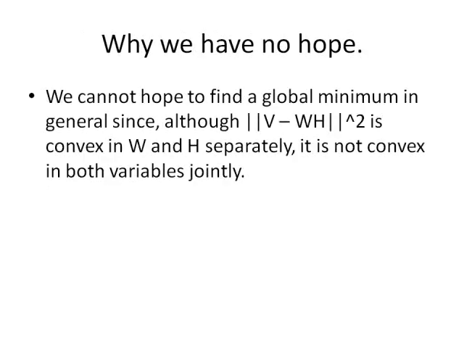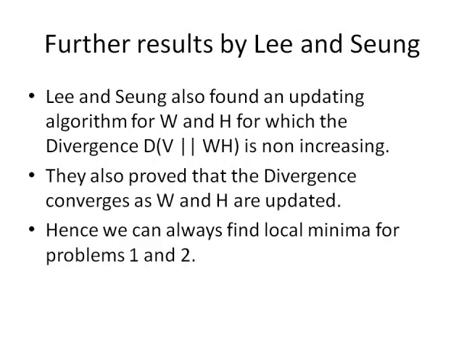We have no hope because although the distance between V and WH, norm squared, is convex in W and H separately, it's not convex in both variables jointly, and from what we know about basic properties of convex functions, we see that we have no hope of finding a global minimum in general.